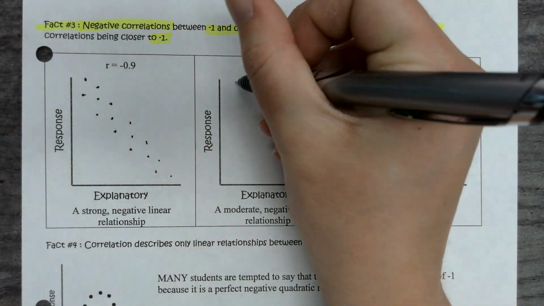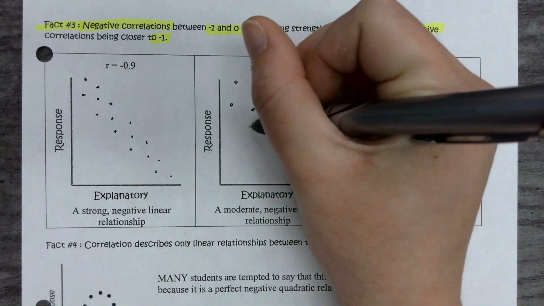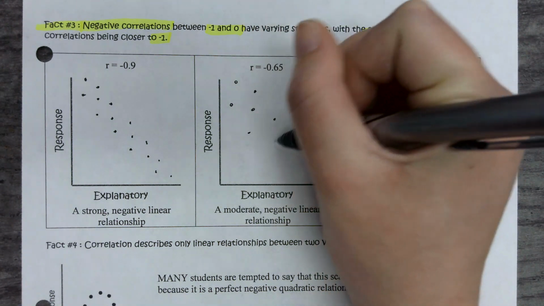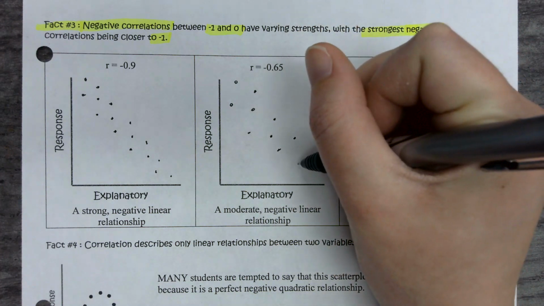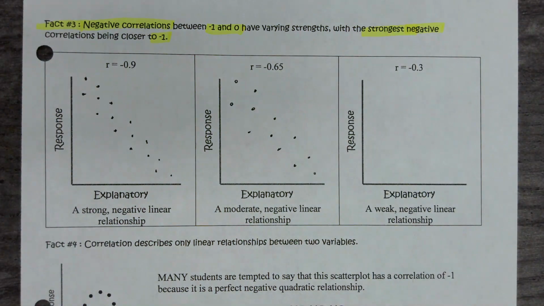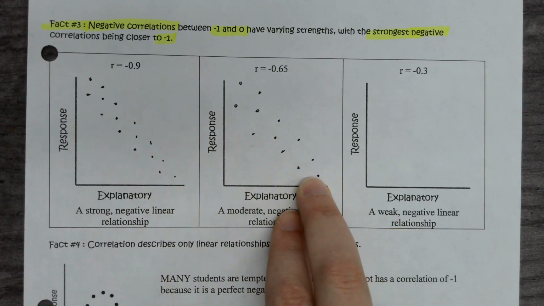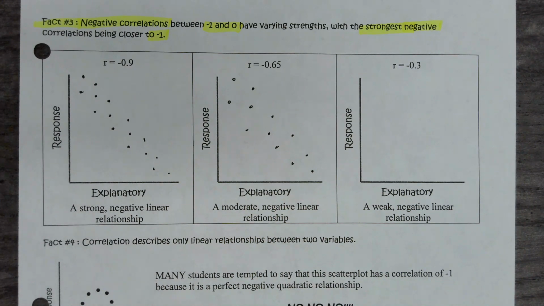So maybe we have something like this, where I have my points here, and we're just decreasing because we got some points here, and maybe here and here, here, here, here, here. So points are just a little more spread out from the 0.9 to the 0.65. So remember, the 0.9, 0.65 just tells you how strong it is. The closer it is to 0, the weaker the relationship.